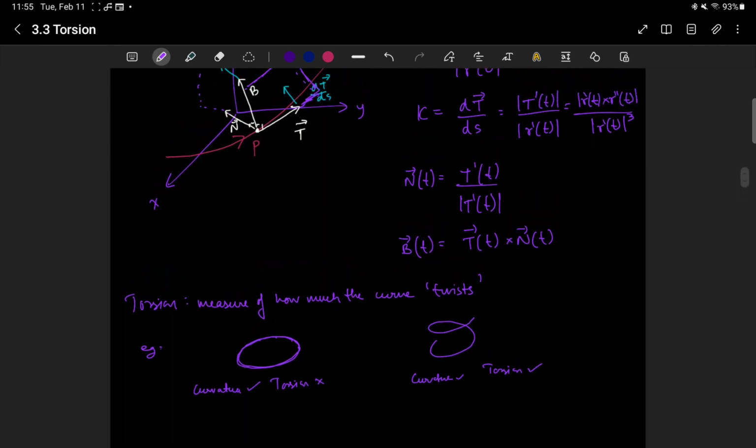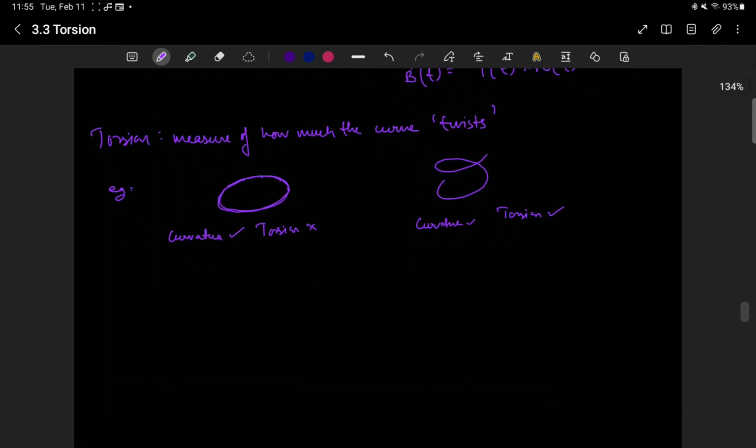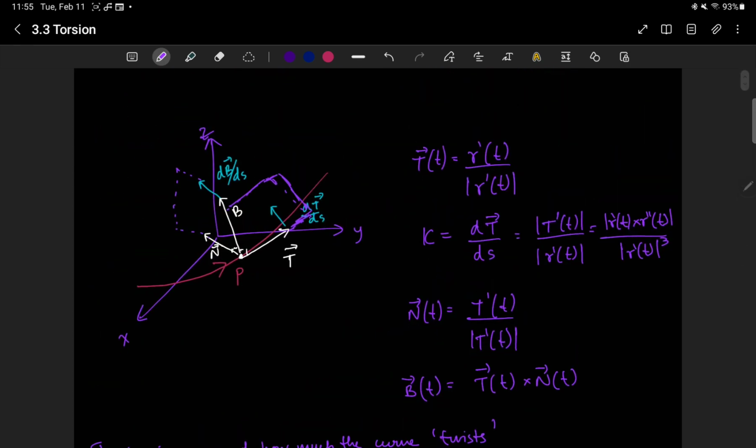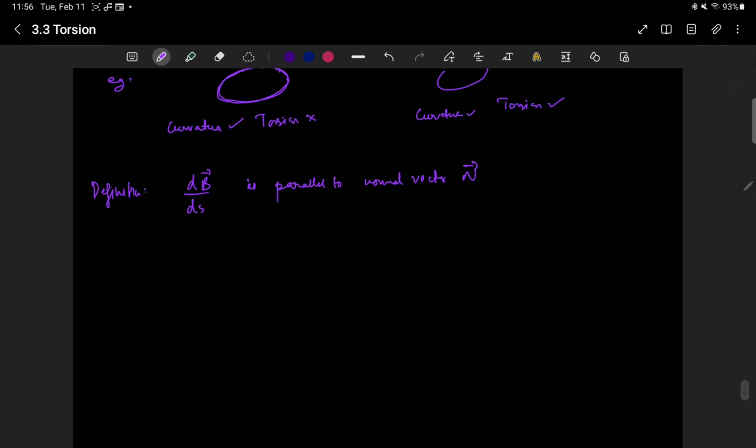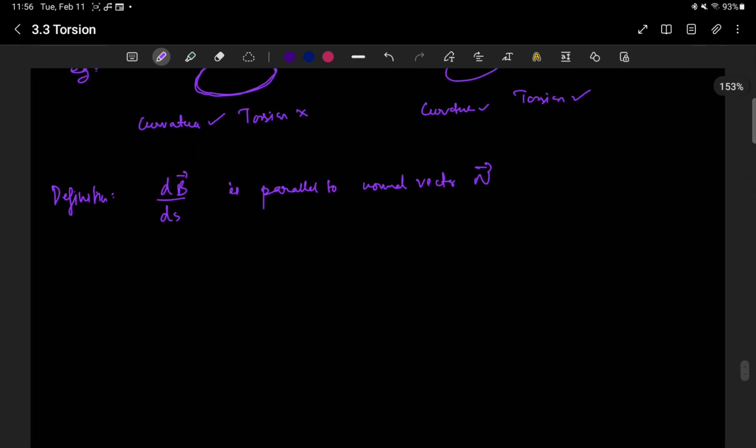In order to define this quantity, what we observe is that dB over ds, the change in the binormal vector, is parallel to the normal vector N, because they form this plane. Whenever vectors are parallel, they are just scalar multiples of each other.